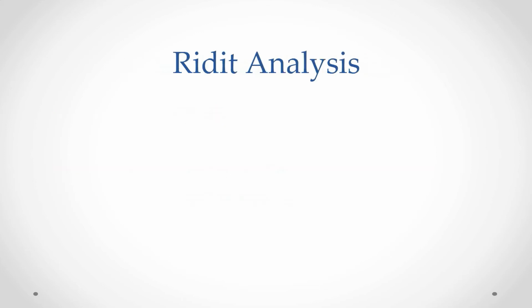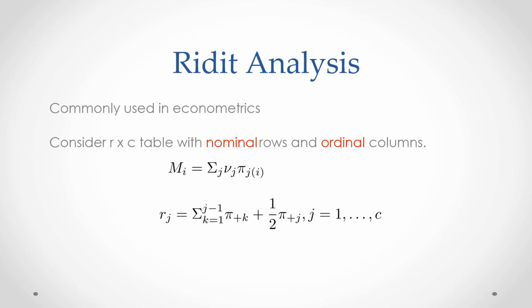Let us come to a very popular technique called ridit analysis. We assume that we have an R by C table with the rows being the levels of the nominal variable and the columns being the levels of the ordinal variable. Now suppose that it is possible to assign ordered scores, mu j's, to the columns.